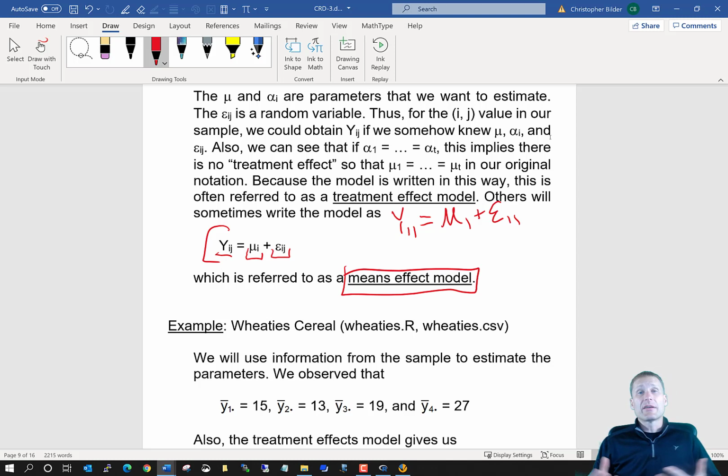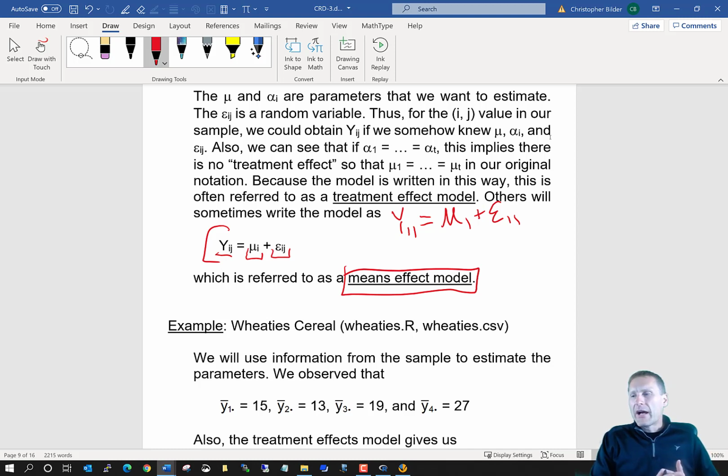y11 is equal to mu sub 1 plus, and there's probably going to be other stuff that's going to affect the sales as well, such as maybe for some reason the store had to close for a day because there was a water leak, or maybe that it was storming outside for a number of days during the month, so people couldn't get to the store as often, and so that drove the sales down.